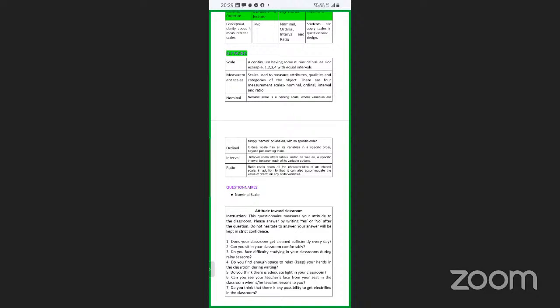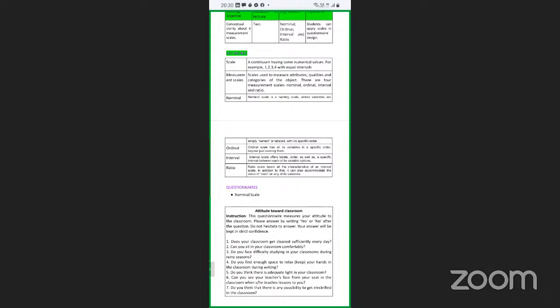But in case of the ordinal scale, definitely we can give importance on the frequency percentage, but also we can pay attention to the median.